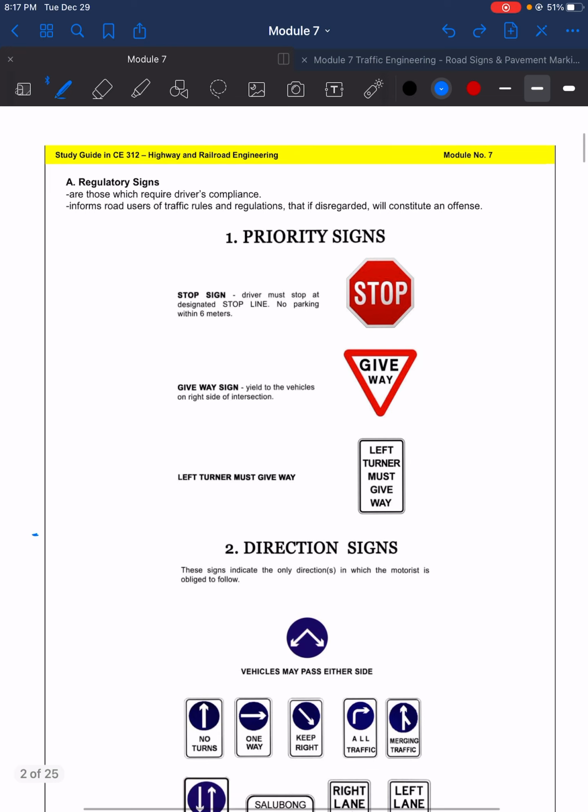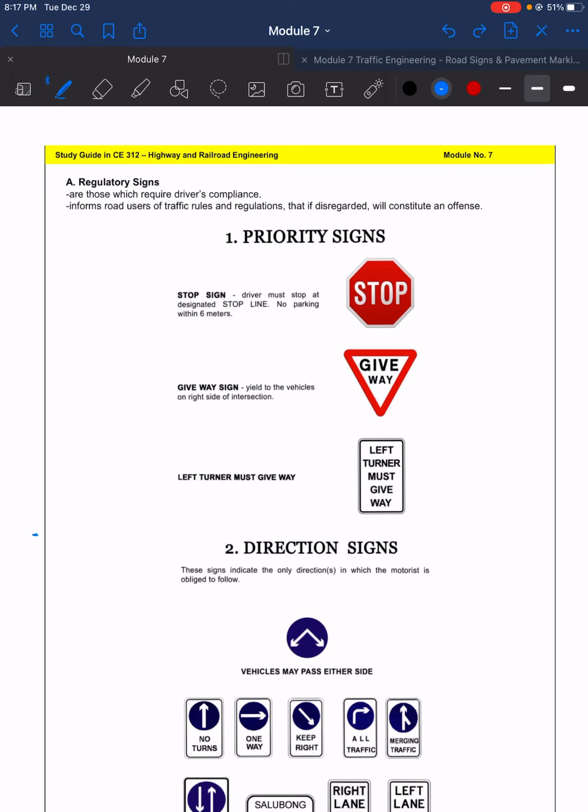This is the first one, regulatory signs. These regulatory signs are those which require drivers' compliance. They inform road users of traffic rules and regulations that, if disregarded, will constitute an offense. This is where you get fined.